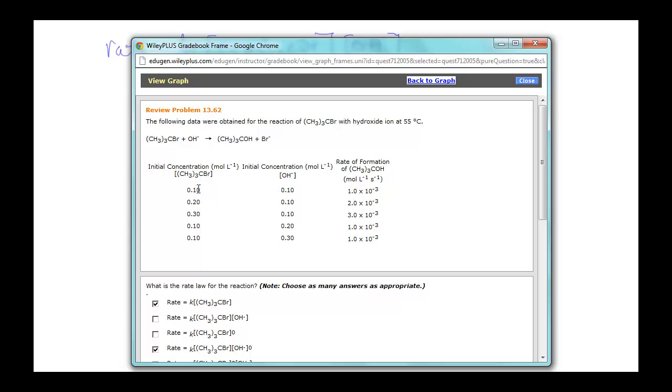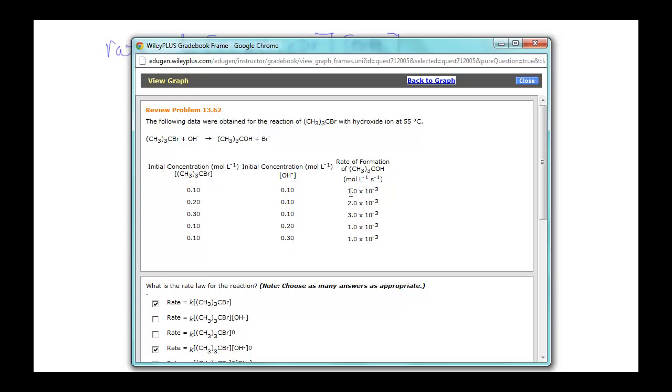We've got 3 places where the (CH3)3CBr concentration is constant, and we vary the hydroxide ion concentration. That's this one here, this one, and this one. What happens in the case of the hydroxide ion concentration is we go from 0.1 to 0.2 to 0.3. So a 3-fold change in the hydroxide ion concentration.